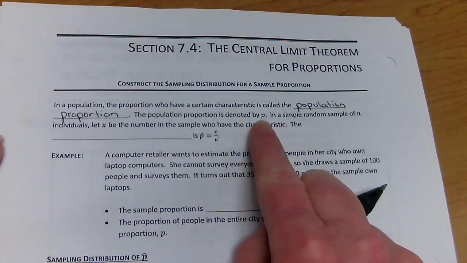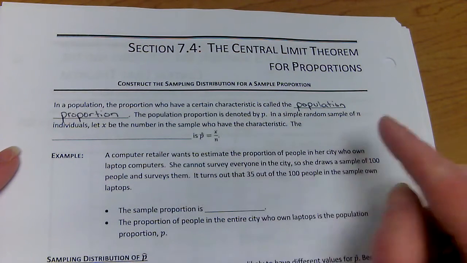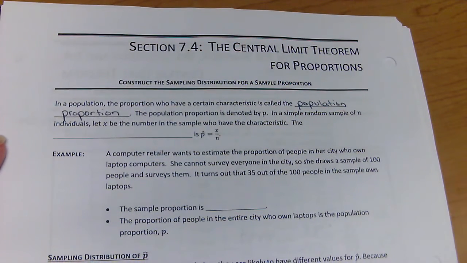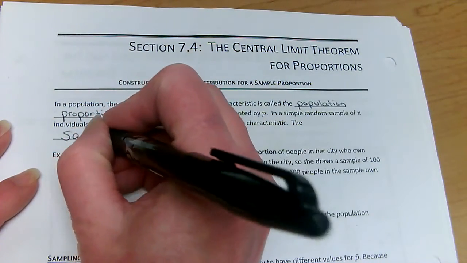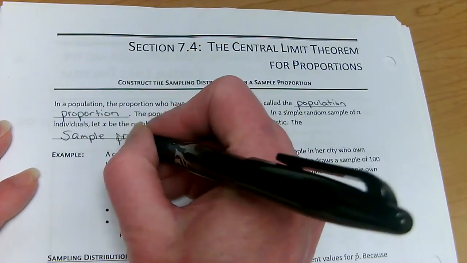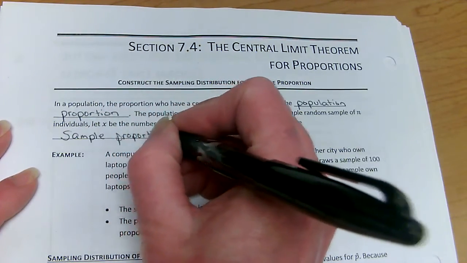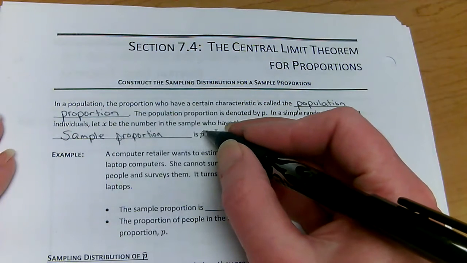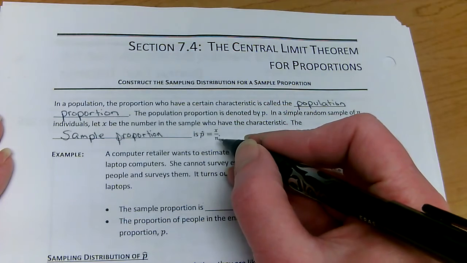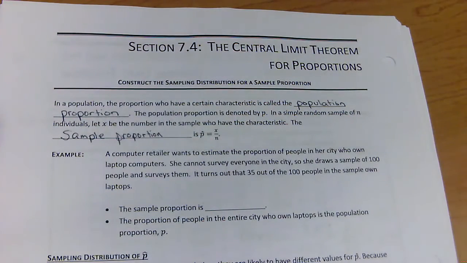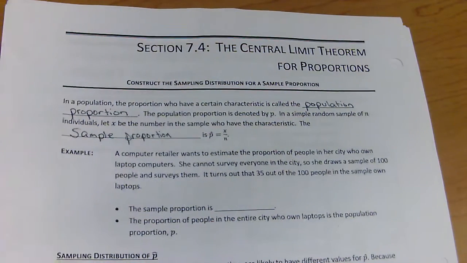And we denote that with a P. Now, in a simple random sample of size n individuals, and X is the number in that sample who have a certain characteristic, the sample proportion is found, and it's denoted with a P with a hat on it, by taking the number in the sample that have that characteristic divided by the total. It's really kind of easy to find.